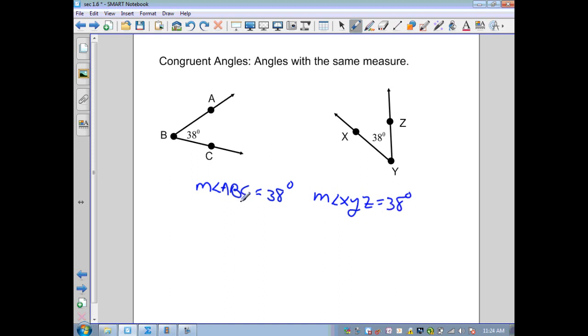Since these two angles have the same measure, they are congruent. Therefore, angle ABC is congruent to angle XYZ. And when I show congruency, I use the symbol for congruency, and I can eliminate the M, which means measure.